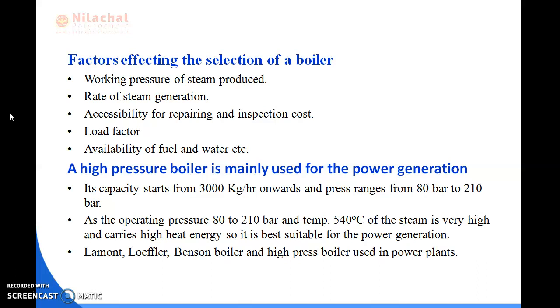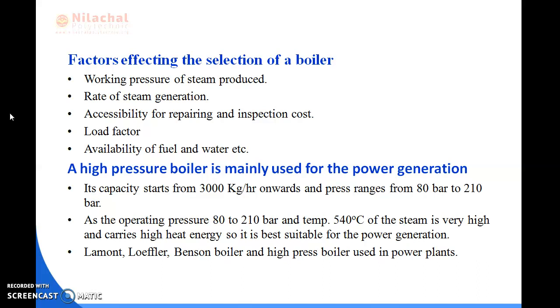Next important point, a high pressure boiler is mainly used for power generation. You should remember, the high pressure boilers are only water tube boilers. It produces steam that is mainly superheated, with high pressure and high temperature, so that it has maximum heat energy, that is, the energy carried by the steam is very high.